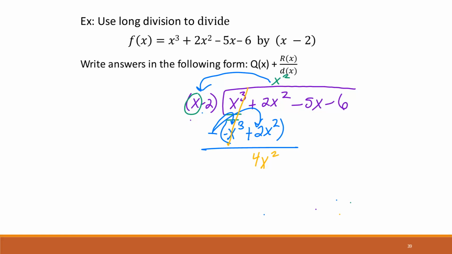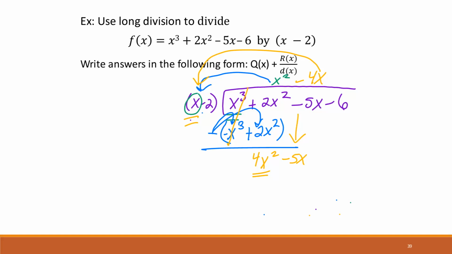So now we're doing the same thing. We're trying to figure out how to make 4x squared from an x. So to get 4x squared, we're going to do x times 4, right? So if we have plus 4x here, and then we multiply that, we're also going to bring this down so we have a term to keep going with, just like we would in regular division.